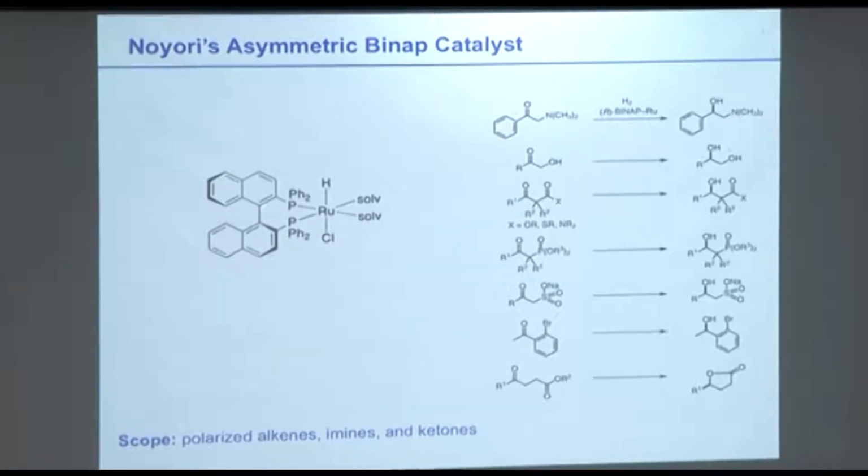Ruthenium has the advantage that typically it's super functional group tolerant. Ruthenium is not that reactive, and that's a huge benefit, and we know this from olefin metathesis as well. That's one of the big advantages compared to Schrock's metathesis catalyst, that ruthenium has a very low affinity for oxygen, for amine amides, so it goes straight to the functional group that we want to target.